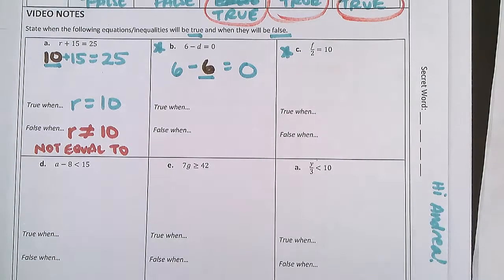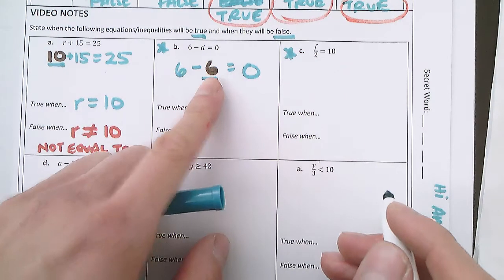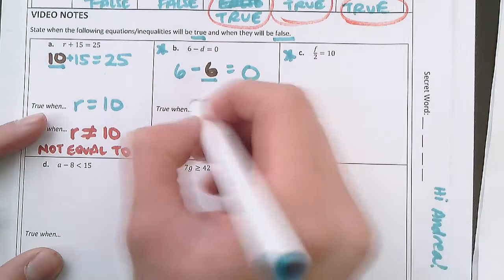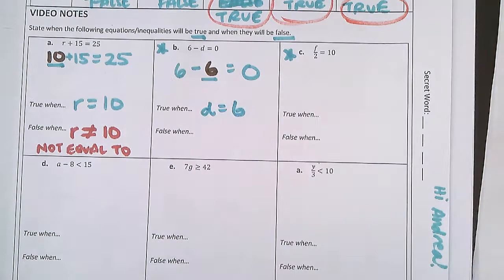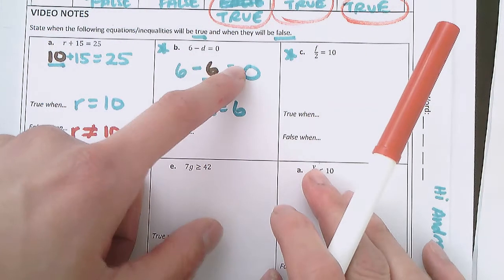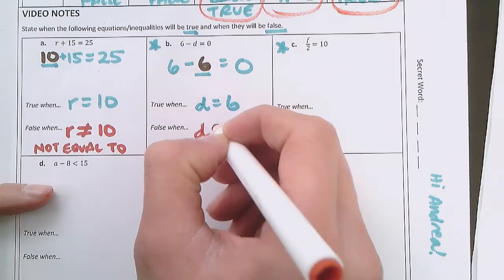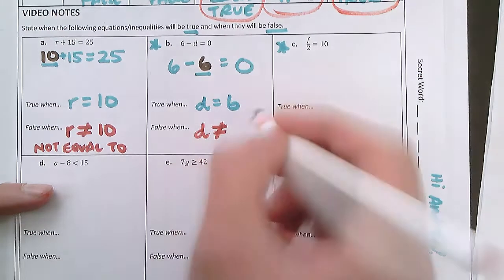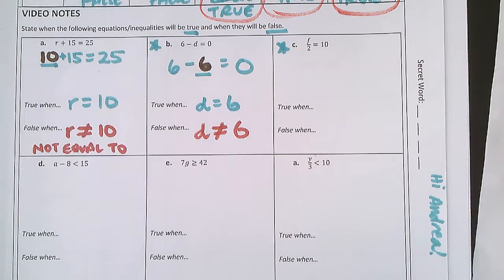So that means this is true when D is equal to 6, which means that any other number besides 6 would make it false. If it was 6 minus 2, that's 4, not 0, so that's false. So I would say this is false whenever D is not equal to 6. 2 gold stars if you got that on your own.